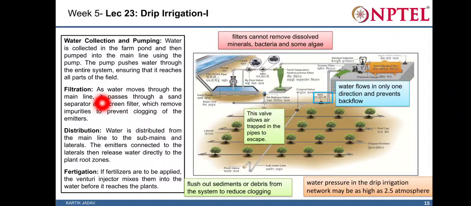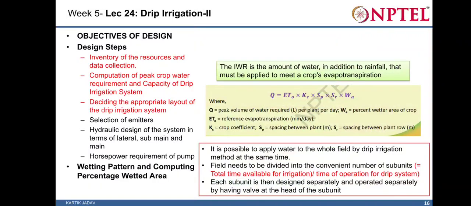Then filtration: water moves through the main line and passes through a sand separator and screen filter, which removes impurities to prevent clogging of the emitters. Then it comes to the distribution network where main line and sub main lines are laid. And fertilizers also we can add in between based on plant requirement.